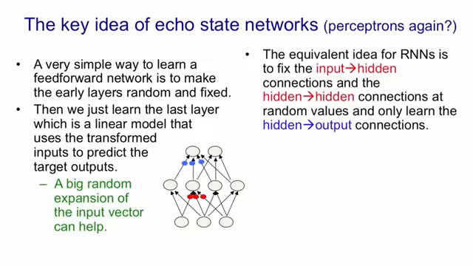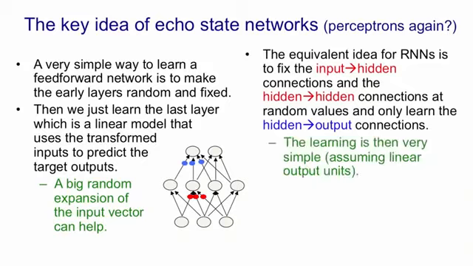The idea is to make the input-to-hidden connections and the hidden-to-hidden connections have random values that are carefully chosen, and just learn the final layer of hidden-to-output connections. The learning is then very simple if you use linear output units, and it can be done extremely fast.